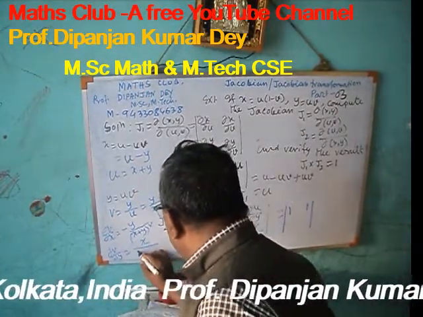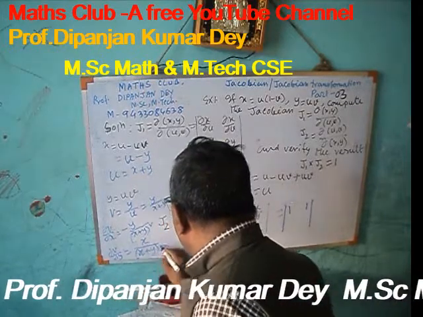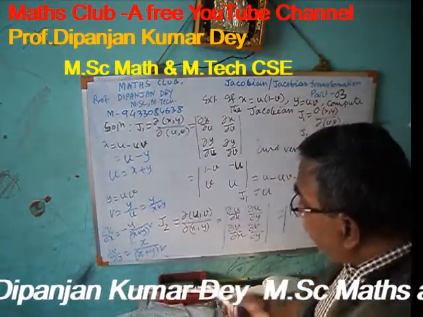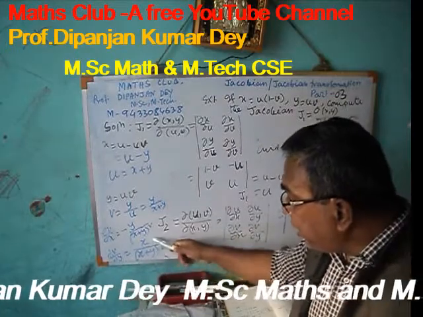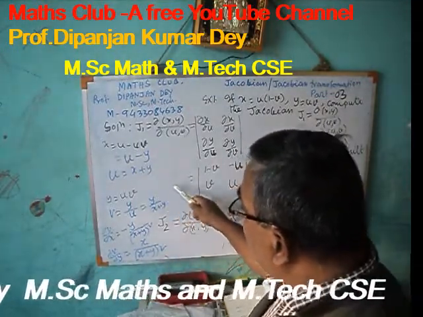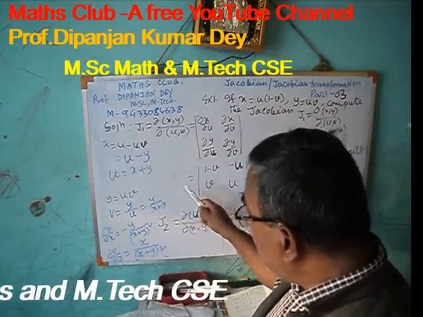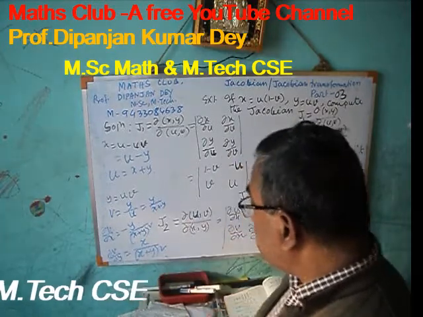Be careful where this comes from: for u by v, it is v into d/dx of u minus u into d/dx of v, by v whole square.